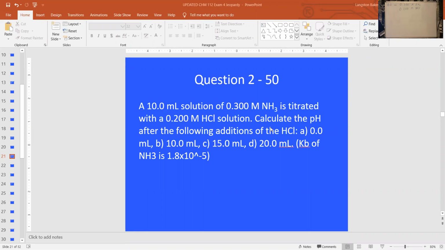Take a picture of it, maybe. Because I don't have the space to write. I don't at least write the volumes down. I don't have the space for it on my board right now, so I'm just going to write it down as we do it. Okay. All right, I'm going to stop.